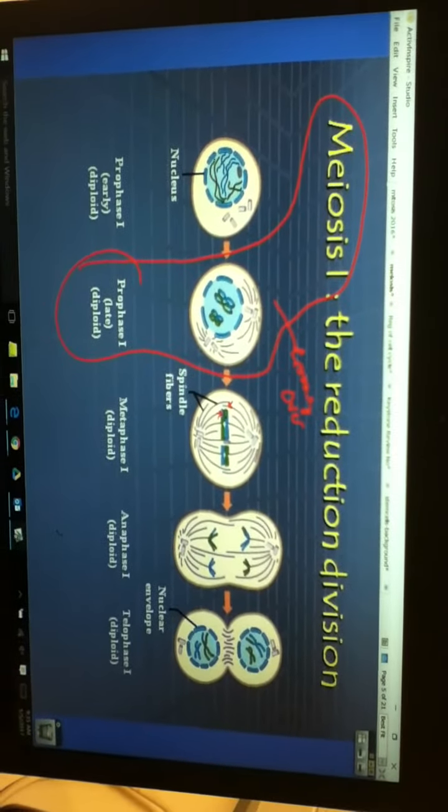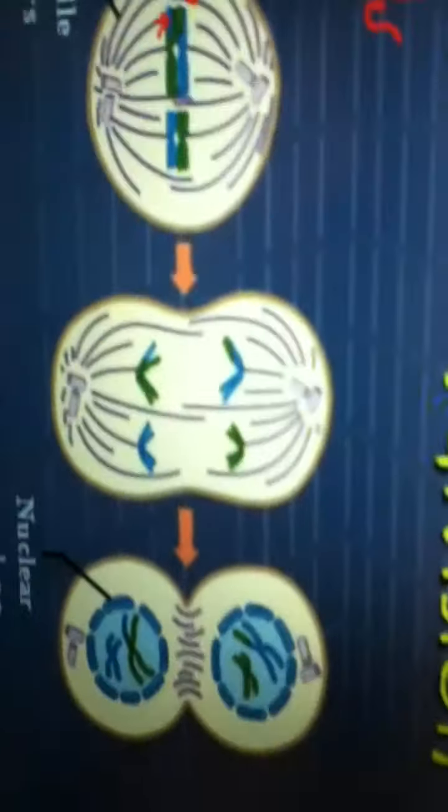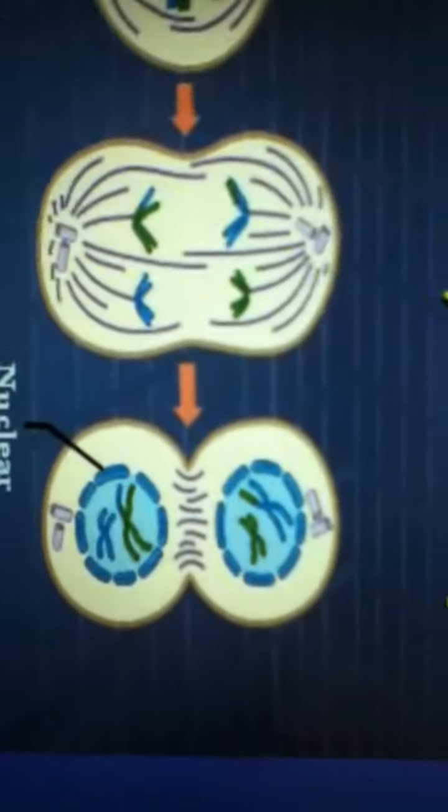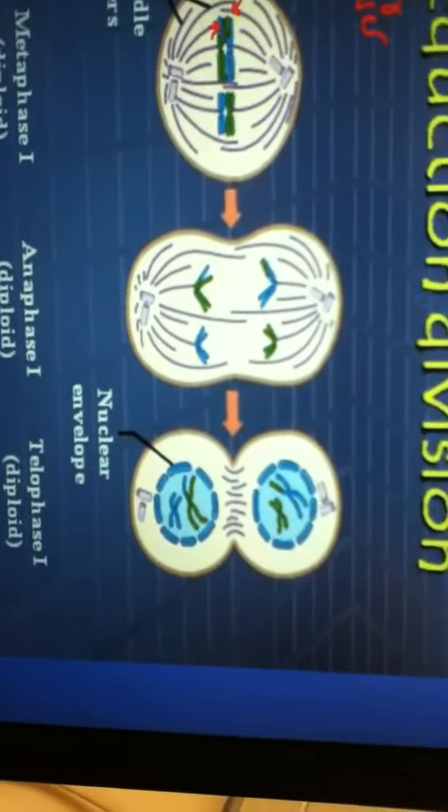So meiosis 1 is called the reduction division. There's your chromosomes, prophase 1. Later in prophase 1, we have the crossing over occur. Metaphase 1 is the same, middle. Anaphase 1 is the breakup. And now we have 2 cells that have fewer chromosomes than the original.